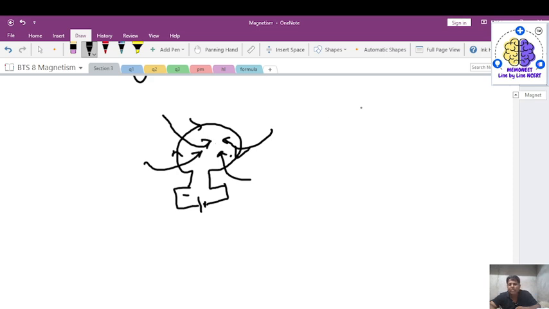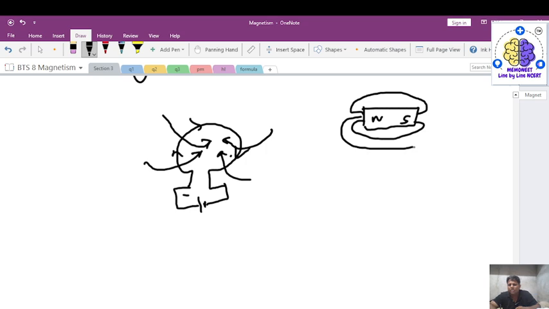And we know that for a bar magnet, if this is north and this is south, the magnetic field originates from the north pole and terminates in the south pole, right? This is how the magnetic field is: originates from north, terminates in south.